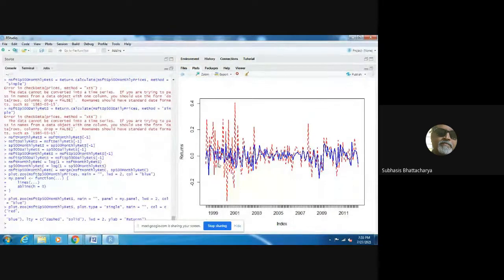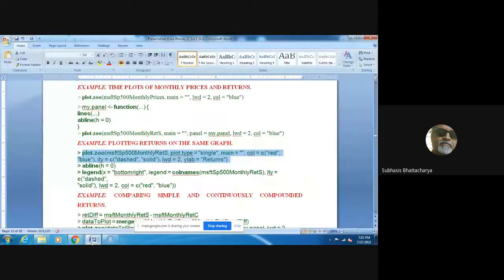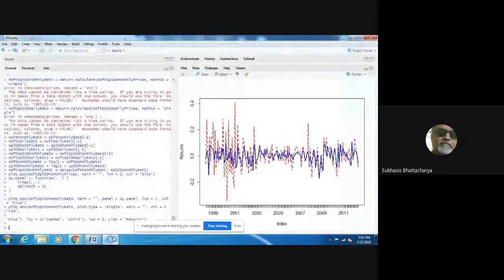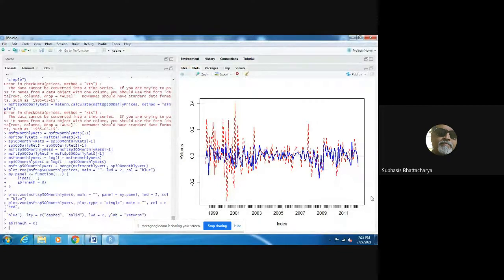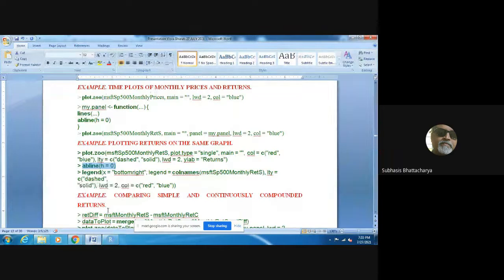Look, both are plotted over the same diagram, and you have to identify which one is which. You identify first the axis, that is the abline, with 0, 0 like earlier, and then the legend. Let me confirm the legend.